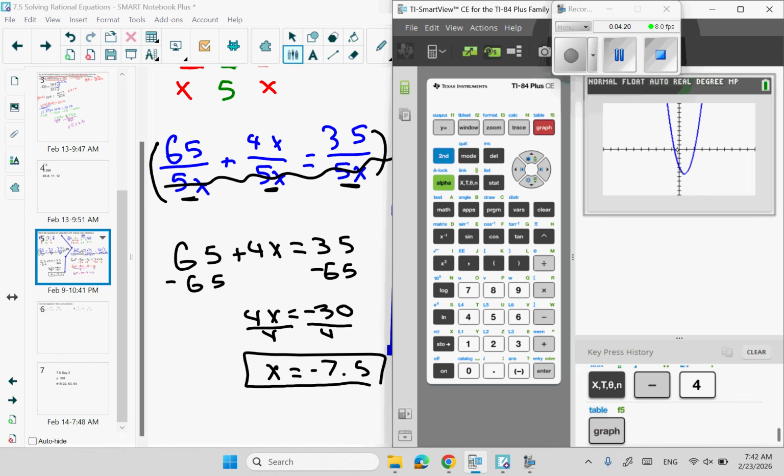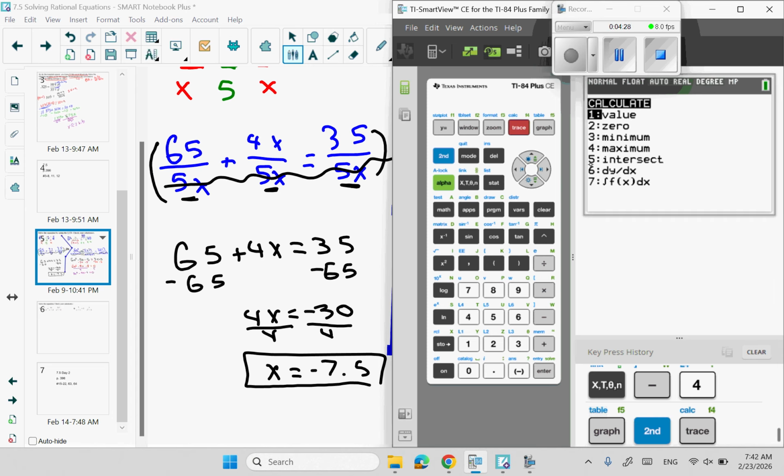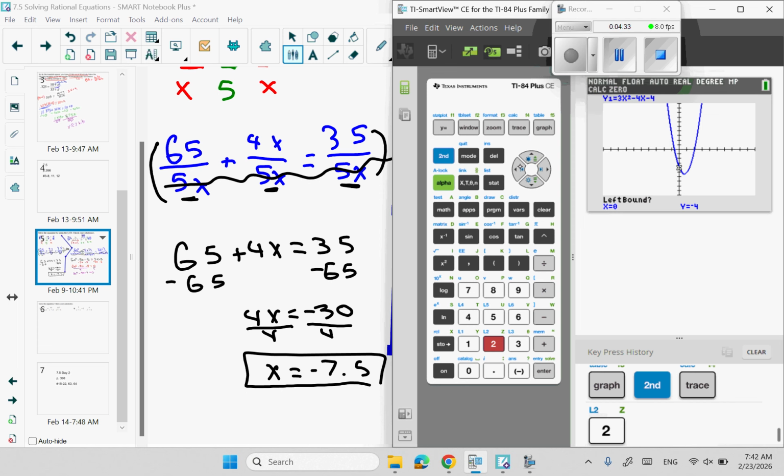And this other one, it's kind of hard to see because it's in between those spots. So remember, I can go second, I can go to trace, and I could find 0. And I need to be left of my intercept and right of my intercept and get as close as I can. And we get about negative 0.6 repeating.